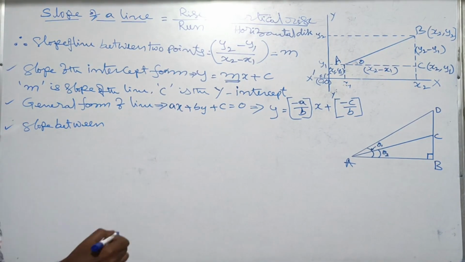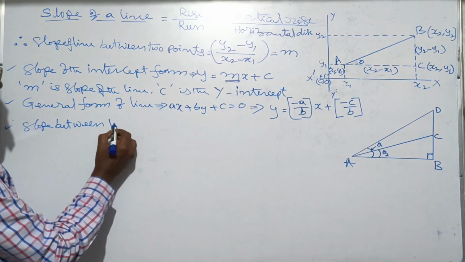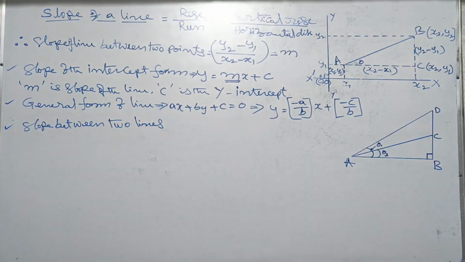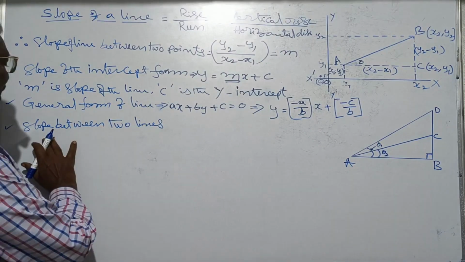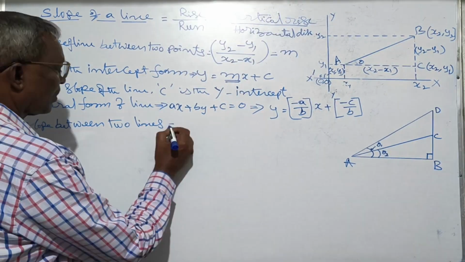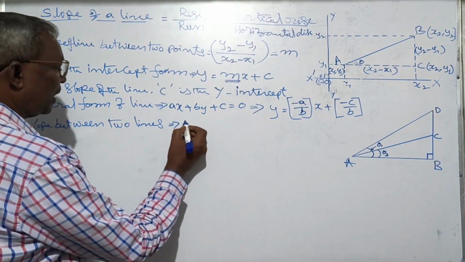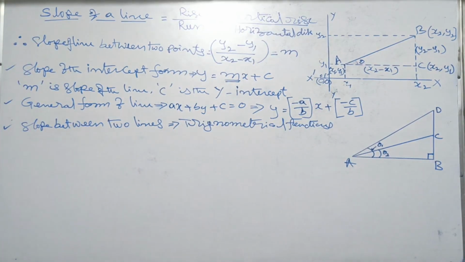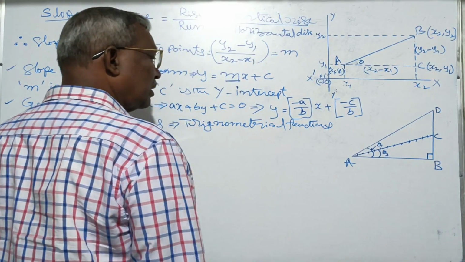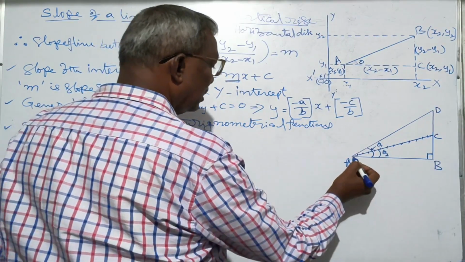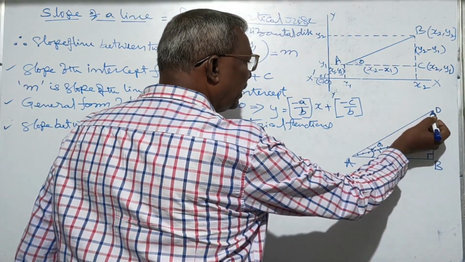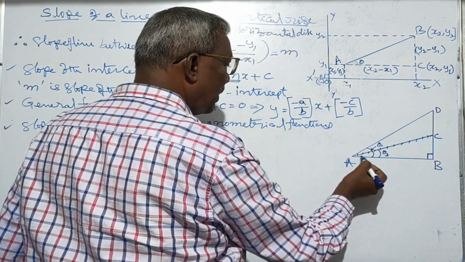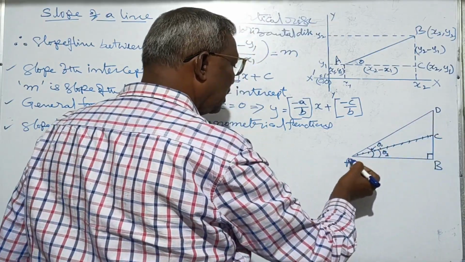Next, slope between two lines. To find the slope between two lines, we can use the trigonometrical functions. What is the trigonometrical function? First we consider triangle ABD.